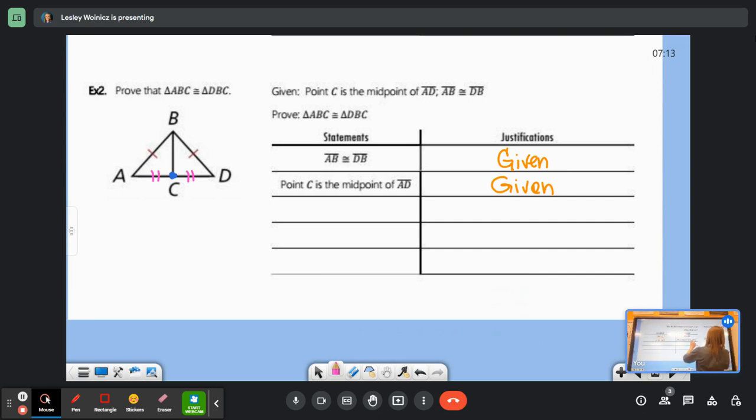So we know that AC is congruent to DC. Name of a band. Because of the definition of midpoint.